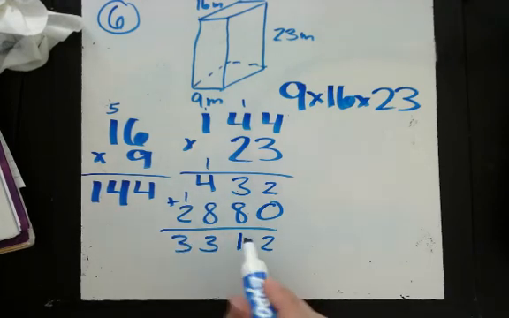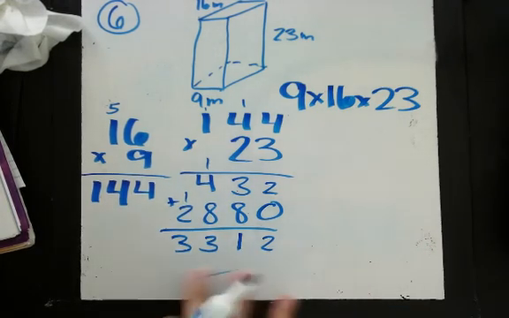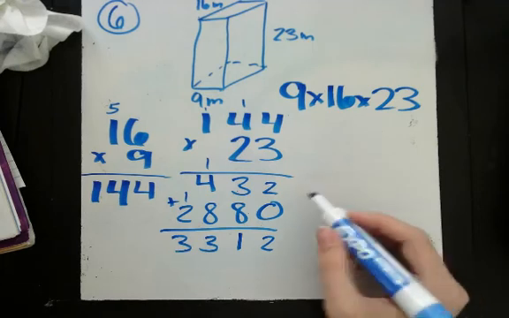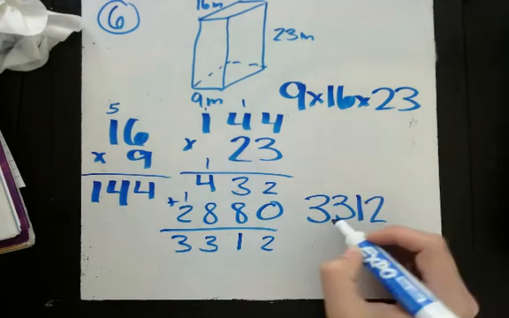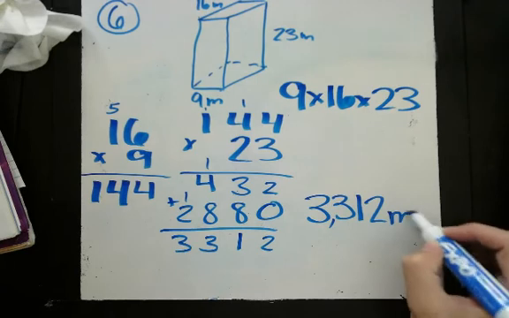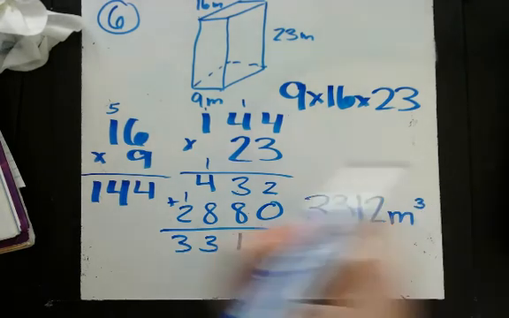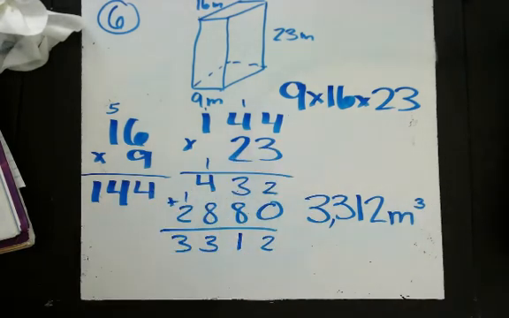So we come up with 3,312, and don't forget to put your units on there. In this case, it's square meters. Or sorry, not square, cubic meters.